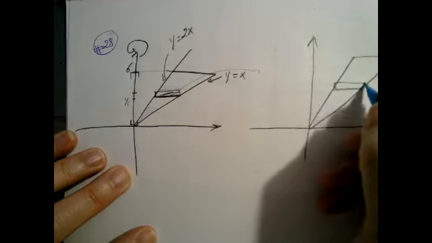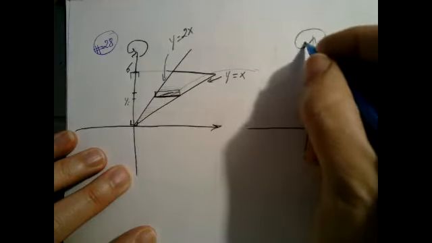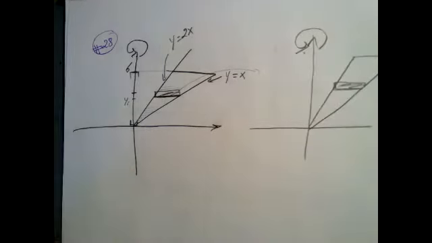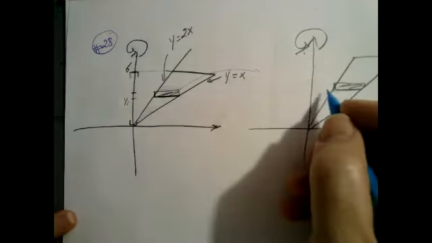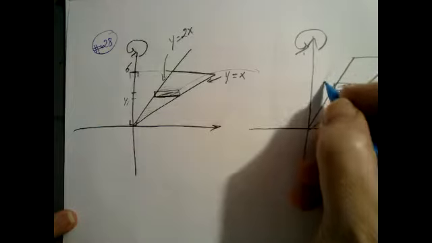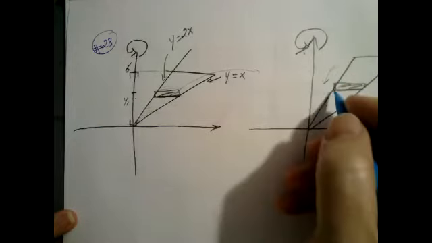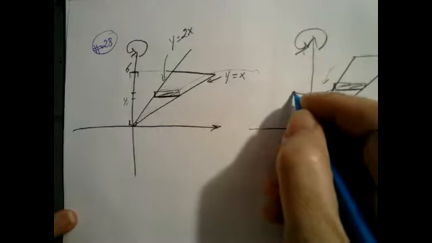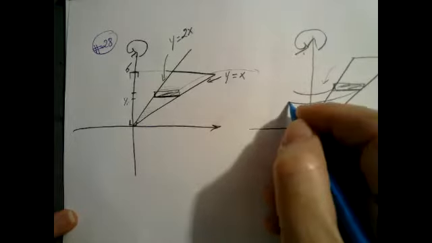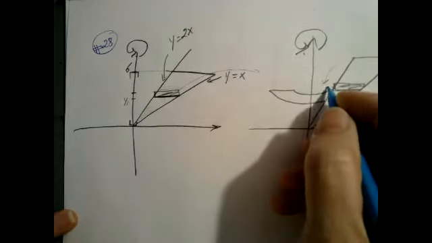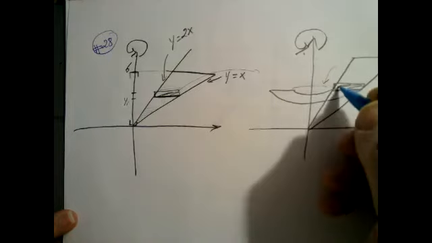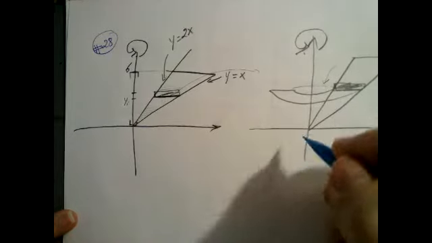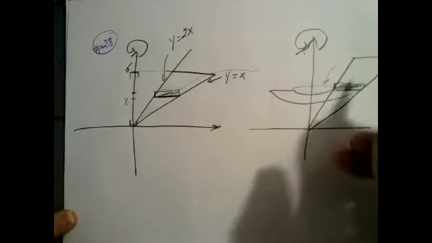This is my axis of rotation. Are we going to get a washer or a disk? Right here, there is nothing. Oh, it's a washer. Yep, a washer. There's a space between the y-axis. Exactly. It's a washer because there is a space between the rectangle and the y-axis.